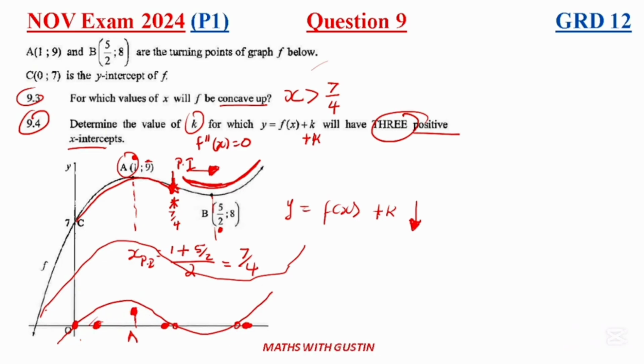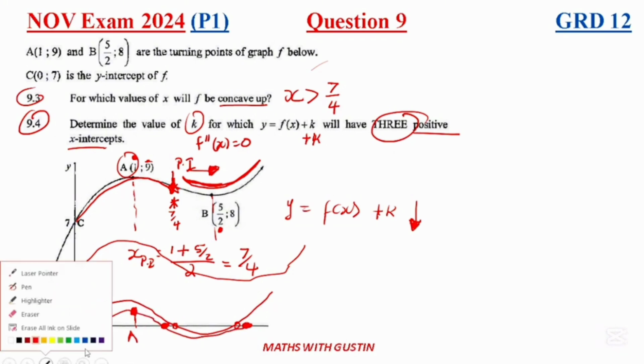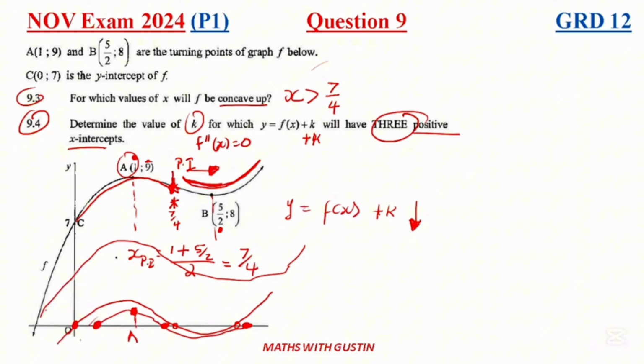Oh, all right, I'm removing my curve now, or maybe let me just put it in a different color for the sake of understanding. Here we go. So if this one here is the one that is correct, it's touching 3 times, and then it is positive. So now how do we do this?